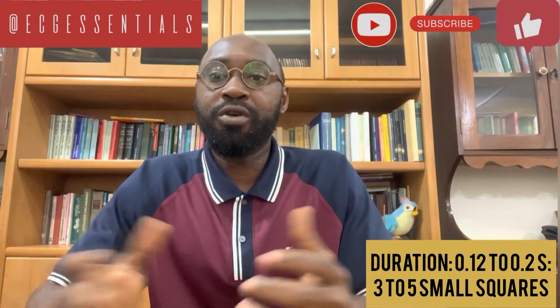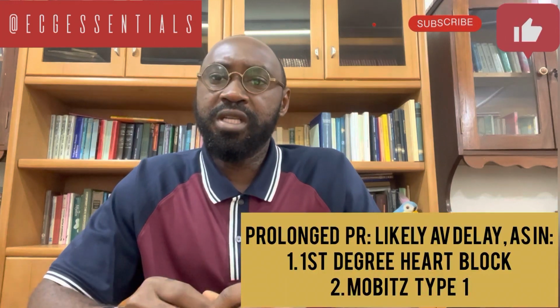So that is between 3 to 5 small boxes. Beyond 0.2 seconds, we say it is prolonged, and less than 0.12, that's less than 3 small boxes, we say it is shortened.